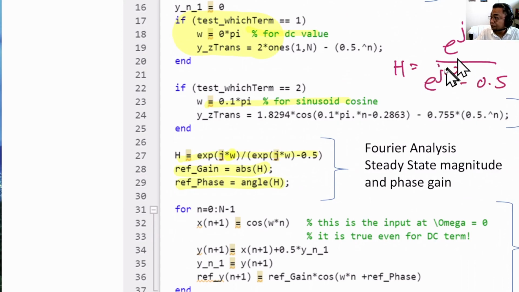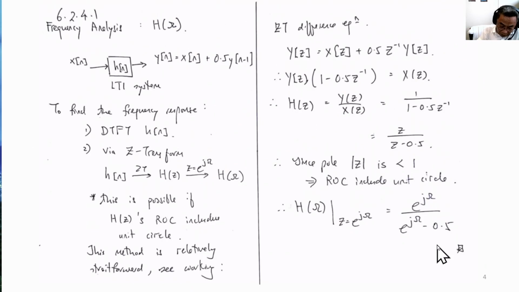This equation came from page number 4, where we plug in the Z transform and set z equals to e^(j omega) to get this equation. This is our frequency response, H(omega). So if we want to evaluate for a different frequency, all we need to do is write the correct omega. In our example, omega equals 0 or 0.1 pi.